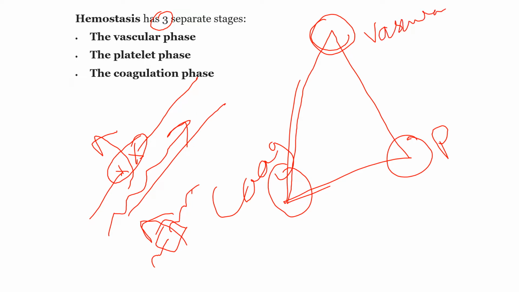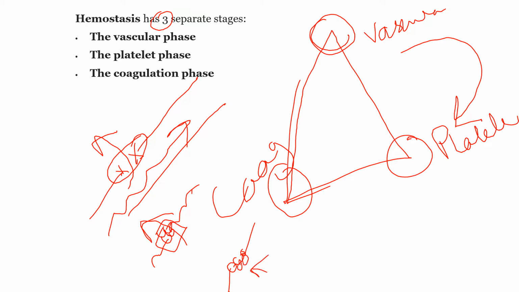But this is not enough, because even with vascular constriction you cannot stop blood loss. So the body will start the second stage, which is the platelet stage or the primary hemostasis. In the platelet stage, the platelets will fill the gap of the injured blood vessels to stop blood loss. But again, this is not stable.